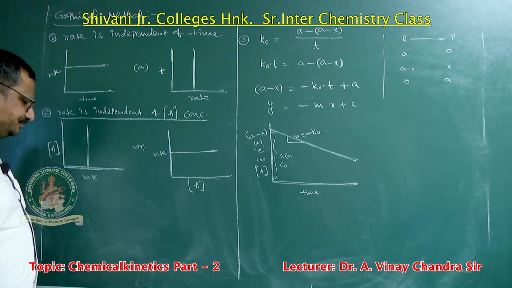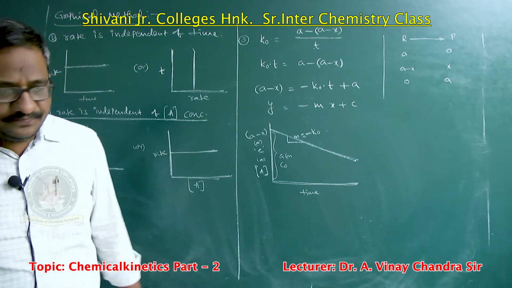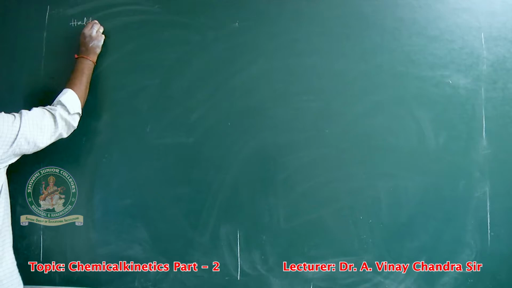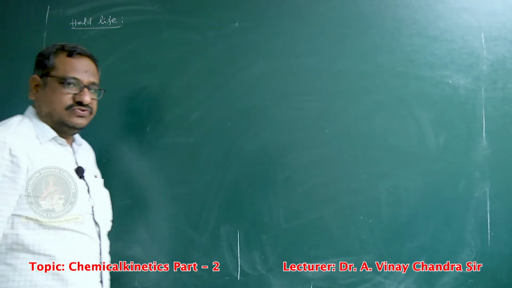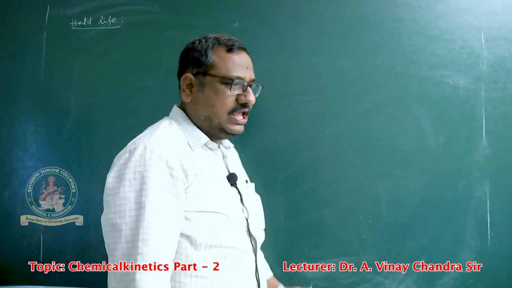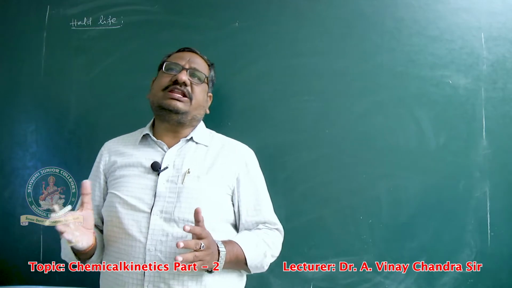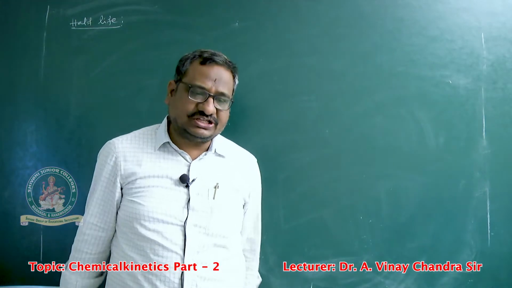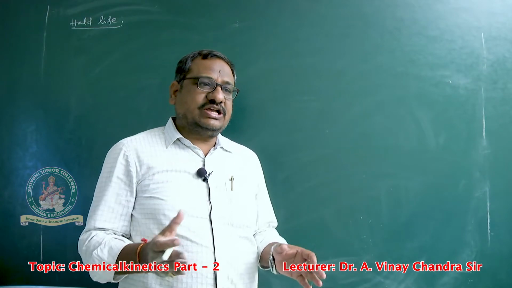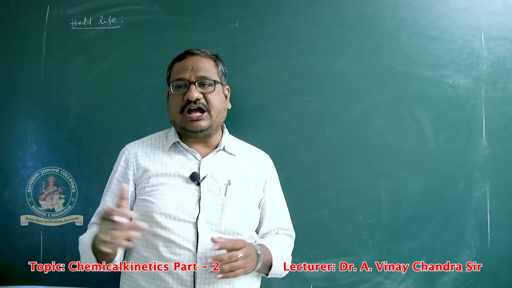Next, zero order reaction half-life. The name itself says half-life. If we complete any reaction fully, that is a 100% reaction. If the reaction is completed only 50%, that is called half-life.